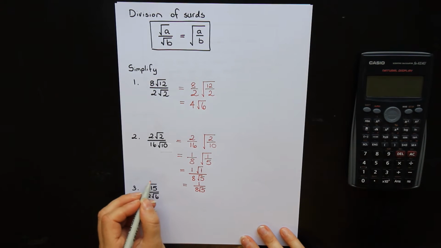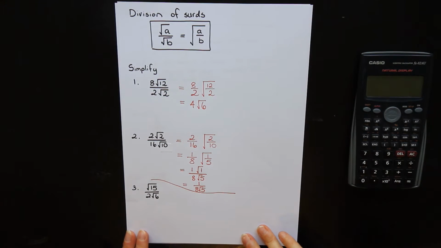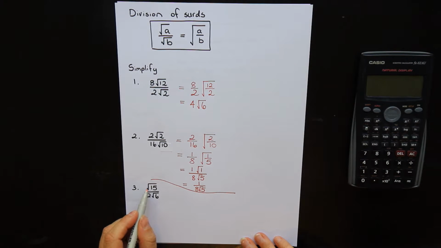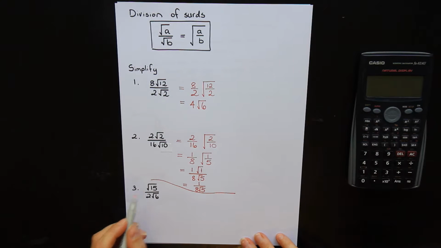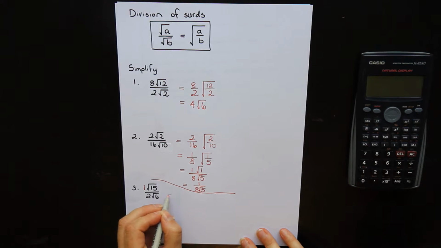Okay, let's have a look. I'll just put a little line down here so we don't confuse with that last question. Let's have a look at my next one. Now, I don't have a number on the top for this one, so I can put a 1 there to help me split this apart.